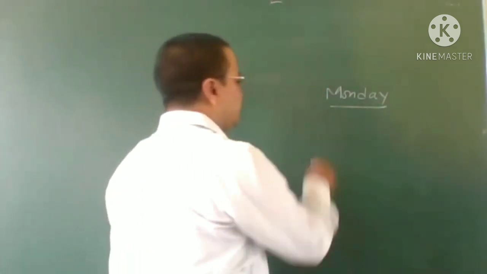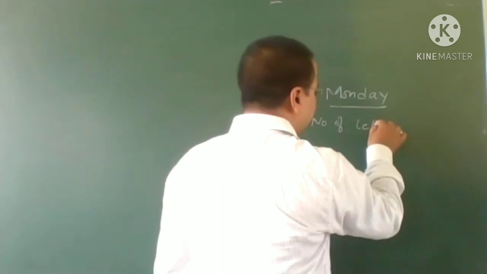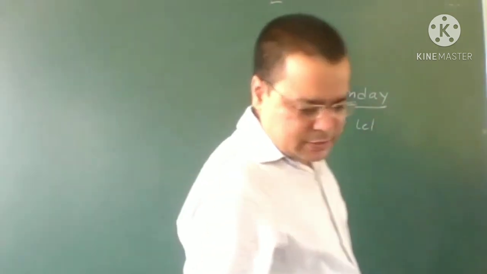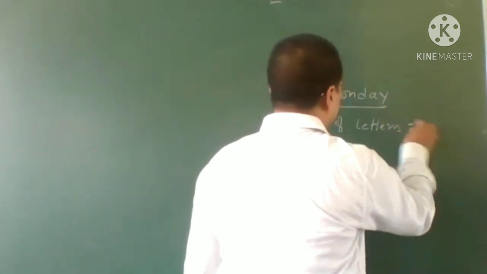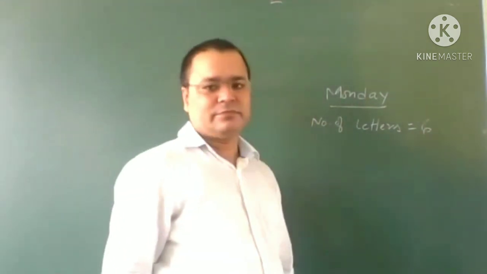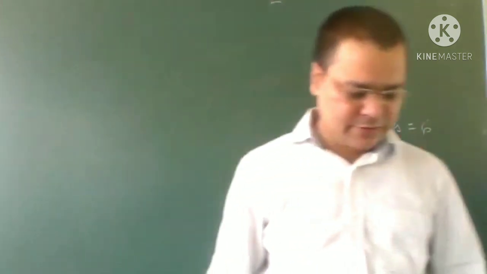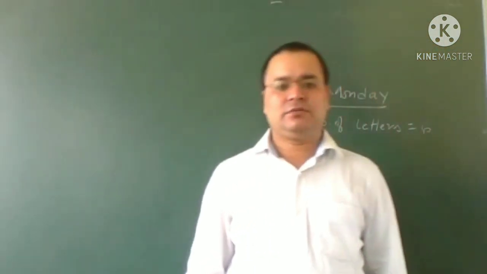So how many letters here? Number of letters is equal to 1, 2, 3, 4, 5, 6. There are 6 letters. Total number of letters is 6. Assuming that no letter is repeated.